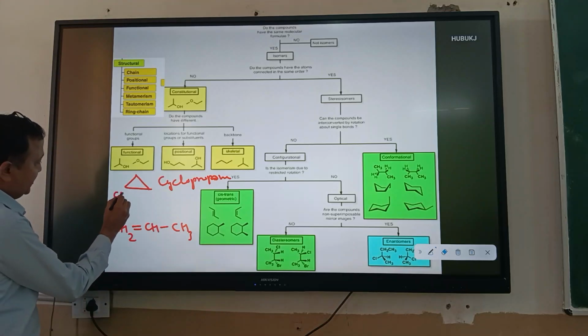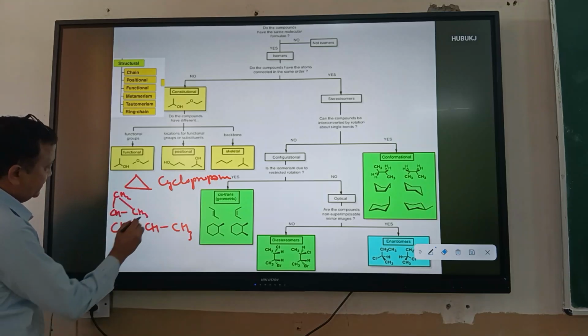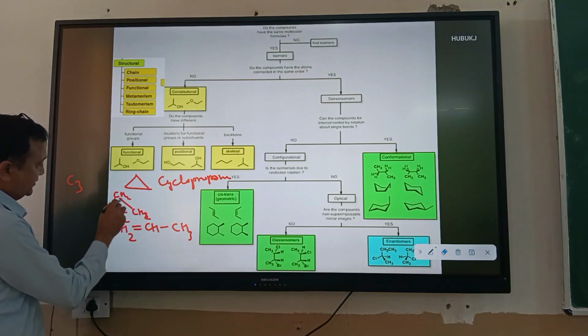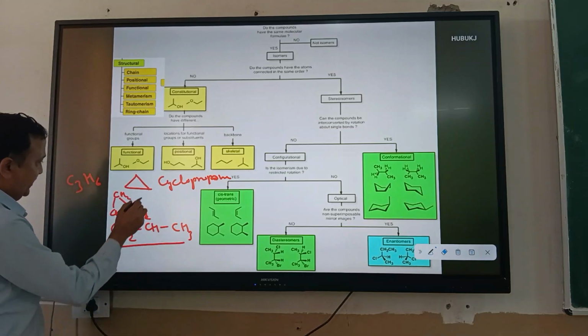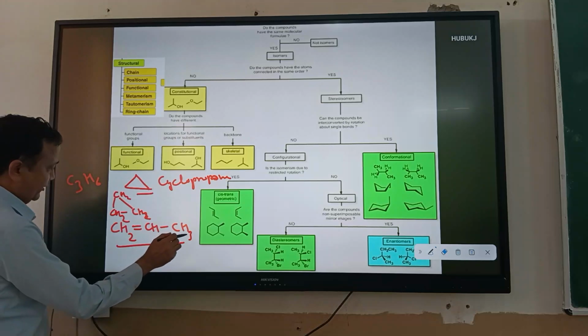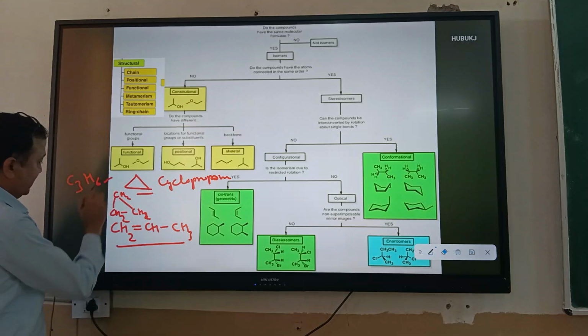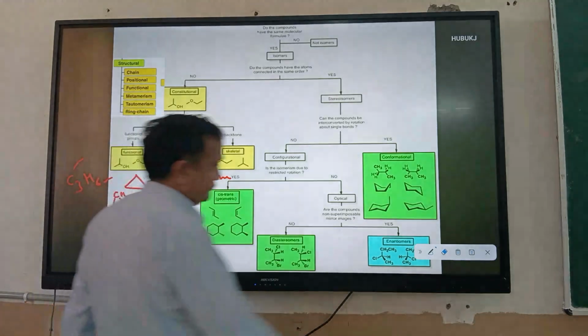Propene means CH2, CH, CH3. So you have 3 carbons; the molecular formula is C3H6. In this case a linear molecule is there, and a cyclic molecule is there. In the case of the linear one, how many hydrogens are there? 3, 4, 5, 6. Six hydrogens are there and 3 carbons are there. One molecule is cyclic and the other molecule is linear. So such a type of isomerism is known as ring-chain isomerism.